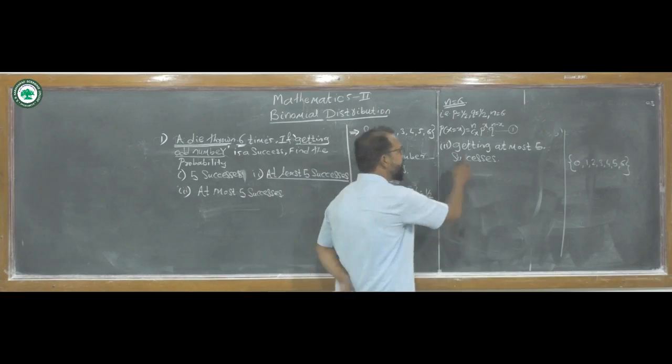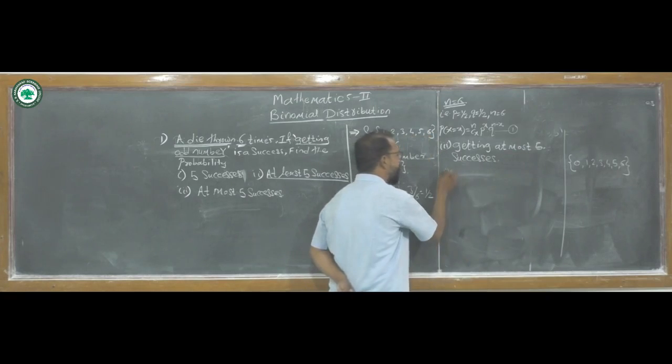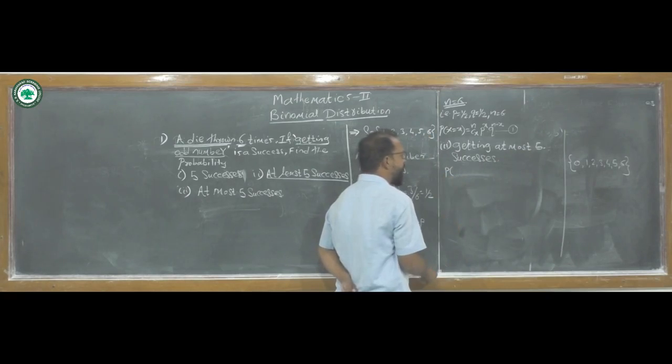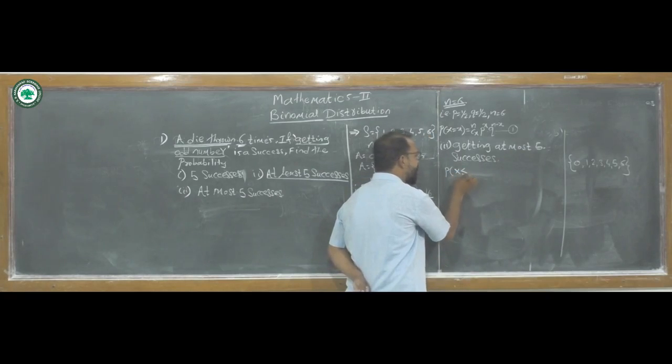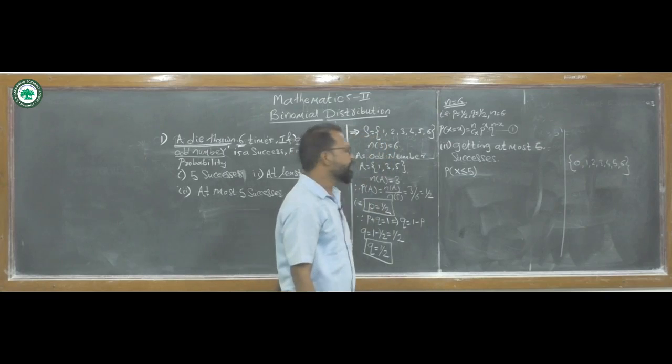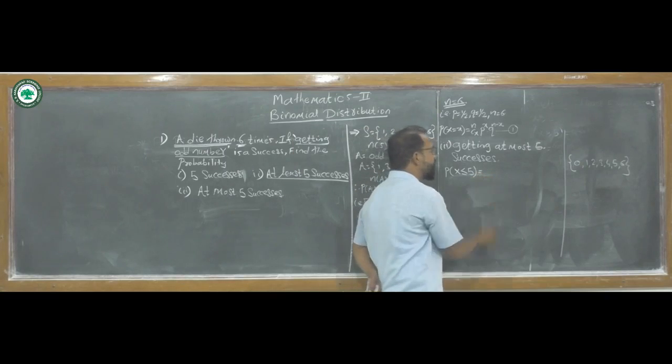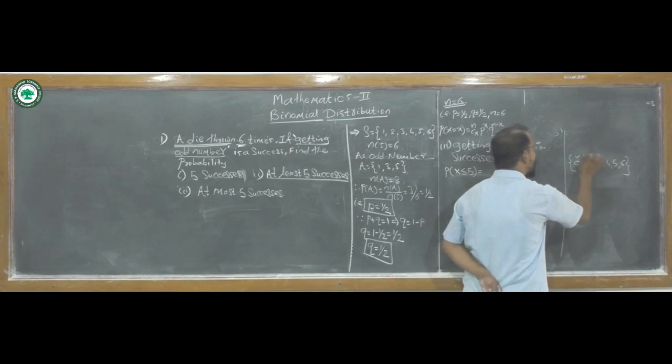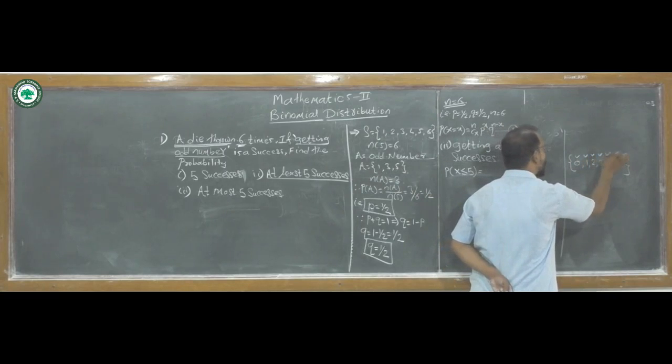Now here, getting at most 5 successes, we have to find the probability that x is less than or equal to 5. Here x less than or equal to 5 means the values 0, 1, 2, 3, 4, 5.